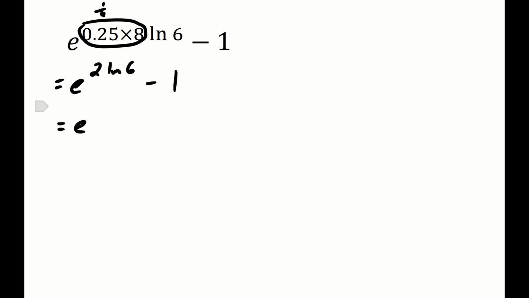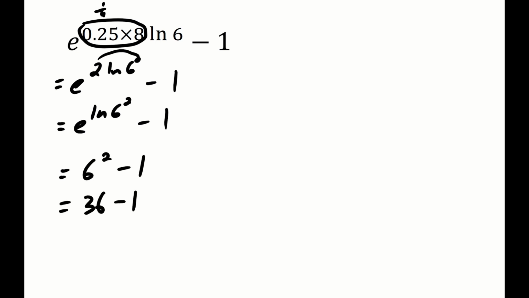I'm just after e to the natural log of some number, so this 2 can become the power of the 6. So natural log of 6 squared minus 1. So I can cancel the e and the natural log now, essentially. So I have 6 squared minus 1, or 36 minus 1 to give me 35.